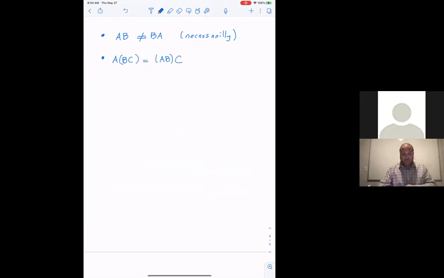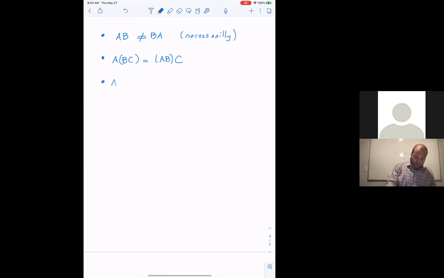The associative law is when you have three matrices that you want to multiply together, you have to ask yourself, do I want to first multiply the second and third and multiply those by A on the left? Or do I want to first multiply A and B and multiply that, whatever I get, by C on the right? Notice that the order of ABC does not change. These are equal to each other. It is called the associative law, and you can prove it, although we're not going to do it.